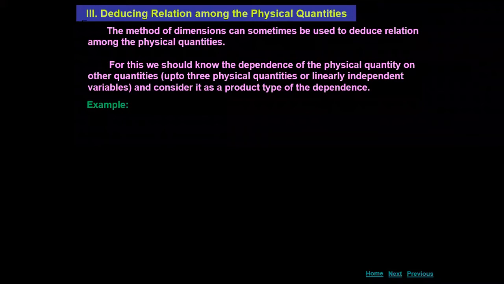We will consider the length of the simple pendulum, and we have to find the time period. We will consider that the time period depends on 3 quantities: length, mass, and acceleration due to gravity. Finally, we will come to know whether it depends on those 3 things or not when we derive an expression in the end.